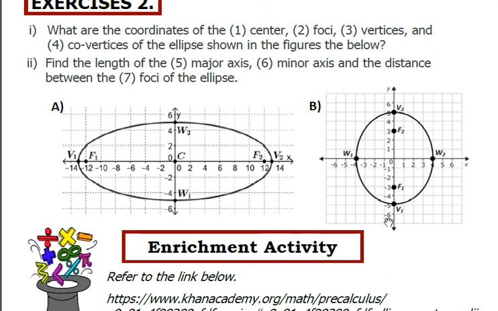That's for the vertices. How about the co-vertices? Co-vertex W sub 1 is -4, 0, and co-vertex W sub 2 is 4, 0.